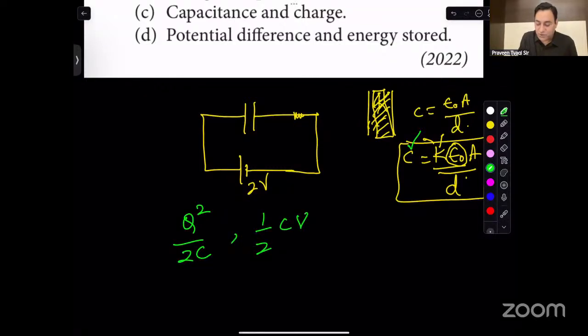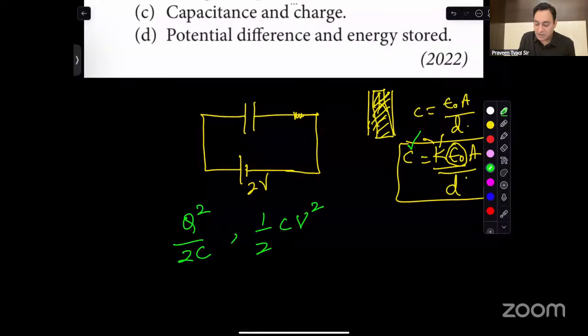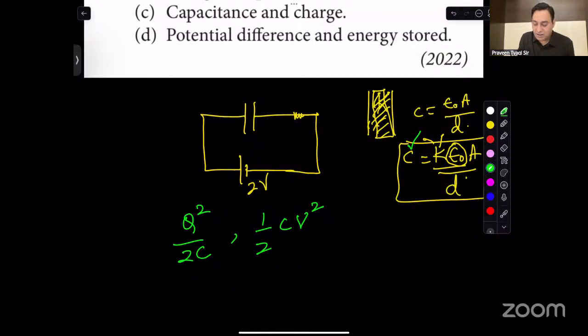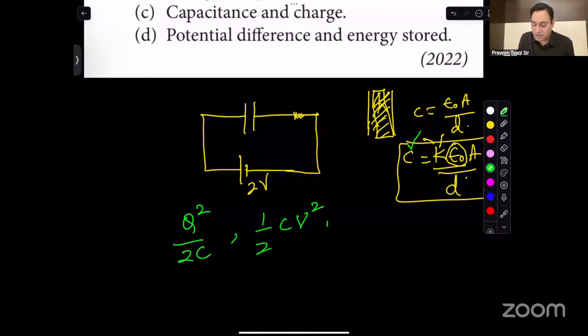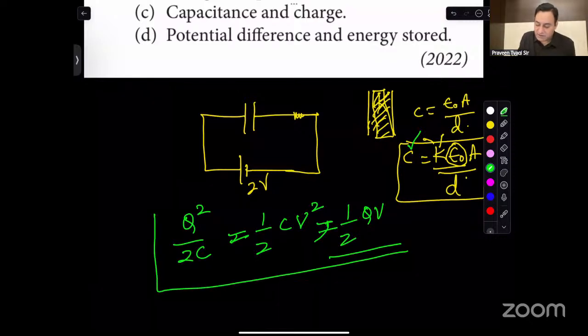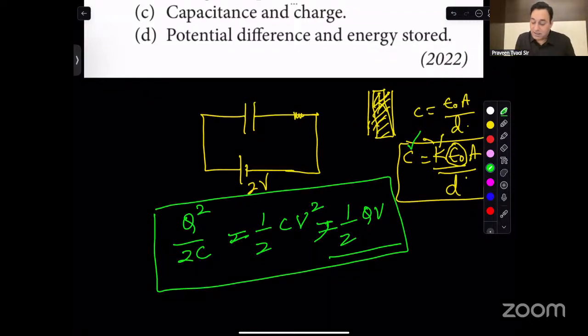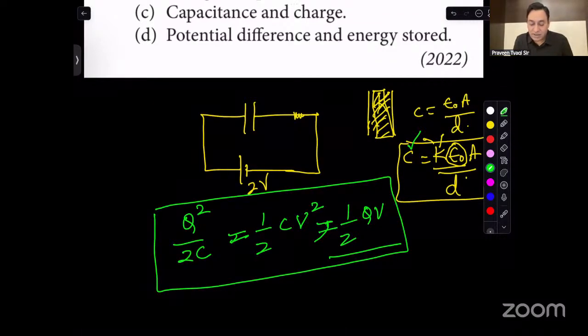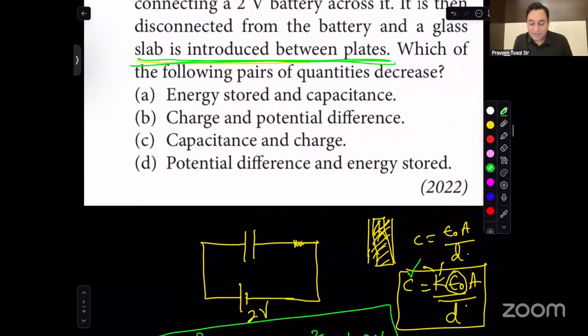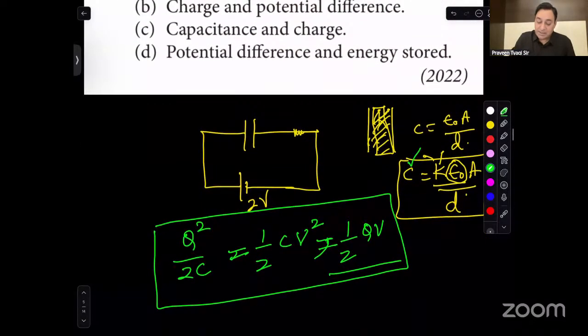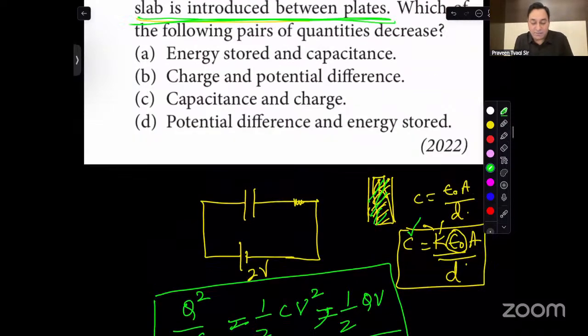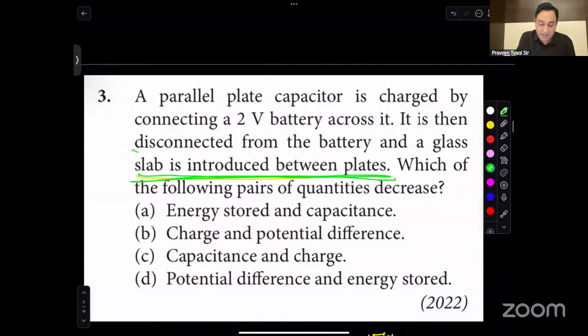If you substitute Q is equal to CV, you will get this. Am I right? Or another way of writing it is half QV. So all three of them are the same thing. Now, if a dielectric slab is introduced and the battery has been disconnected, please see this, disconnected from the battery.